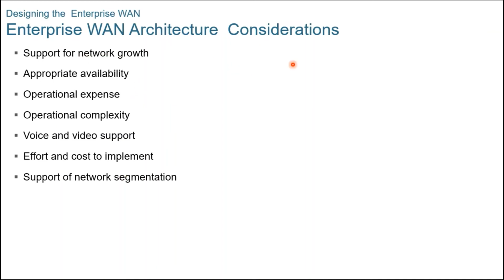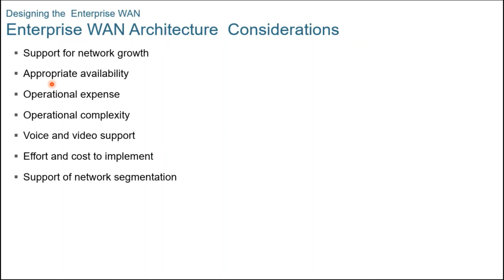Enterprise WAN architecture considerations. Support for network growth. Enterprises that anticipate significant growth should choose a technology that allows the network to grow with their business. WAN technologies with high support for network growth make it possible to add new branches or remote offices with minimal configuration at existing sites, thus minimizing the cost and IT staff requirements for such changes.